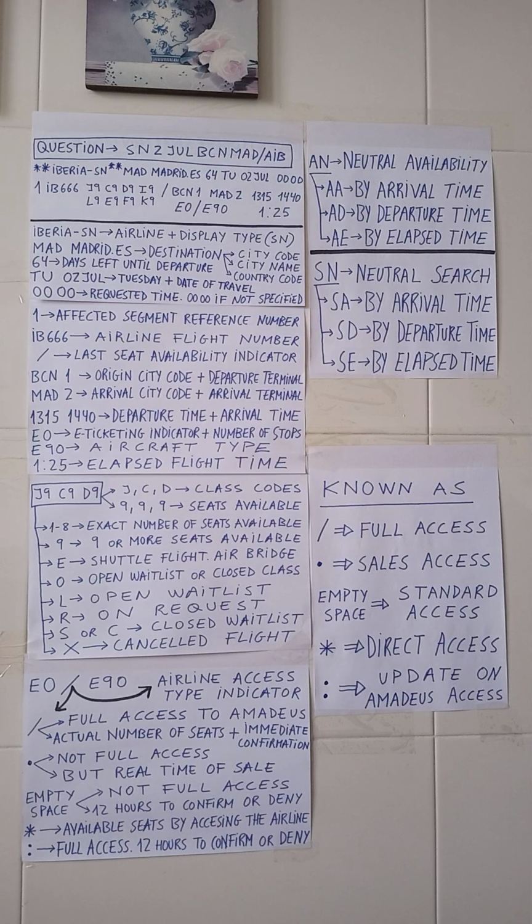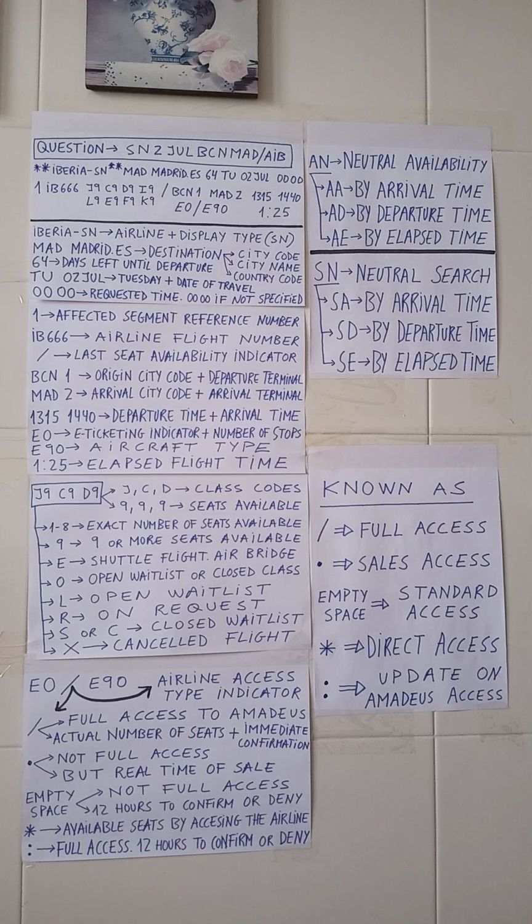In the previous video, I explained that SN, SA, SD, and SE do not show us the actual availability of each place at the time of our search. Therefore, we would see the 9 because Amadeus shows the flight in its initial status with all seats available.